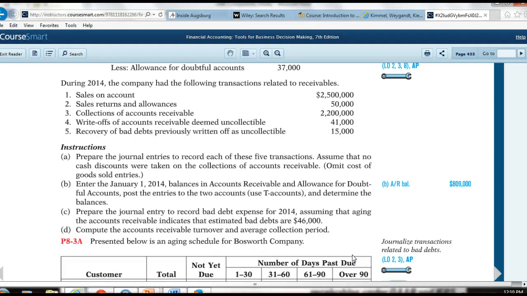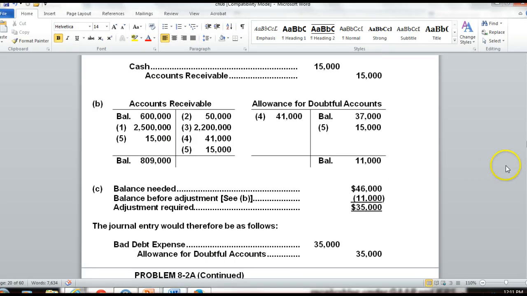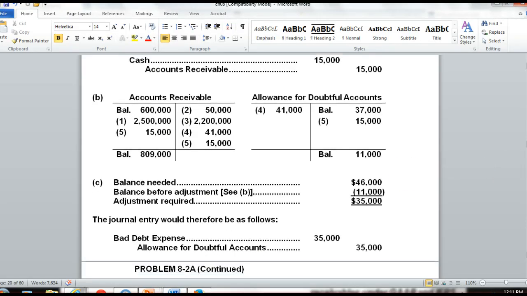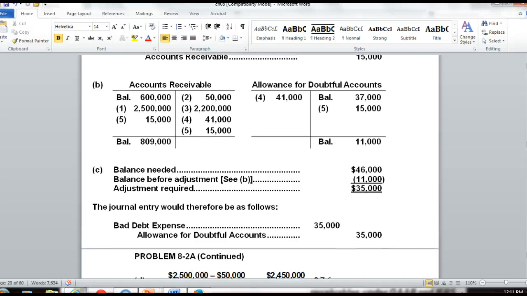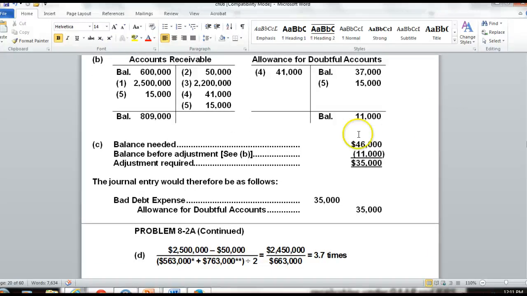Now it goes on to tell us to prepare the journal entry to record bad debt expense for 2014, assuming that aging the accounts receivable indicates that estimated bad debts are $46,000. So if the bad debts are at $46,000 and we currently have $11,000 as a credit for our doubtful accounts, we'll need to do a journal entry for $35,000.